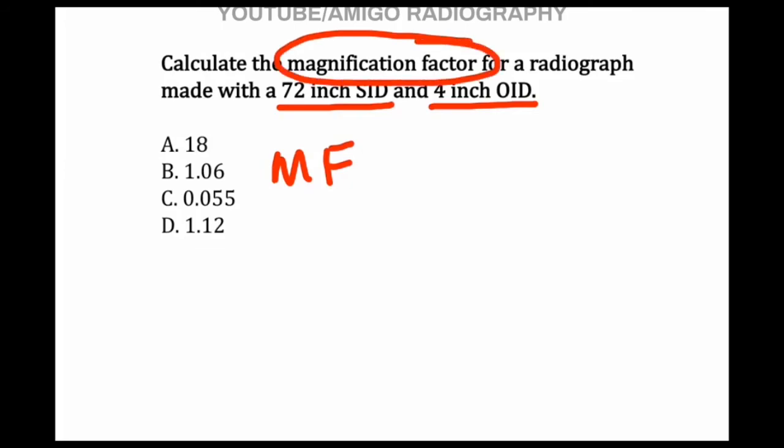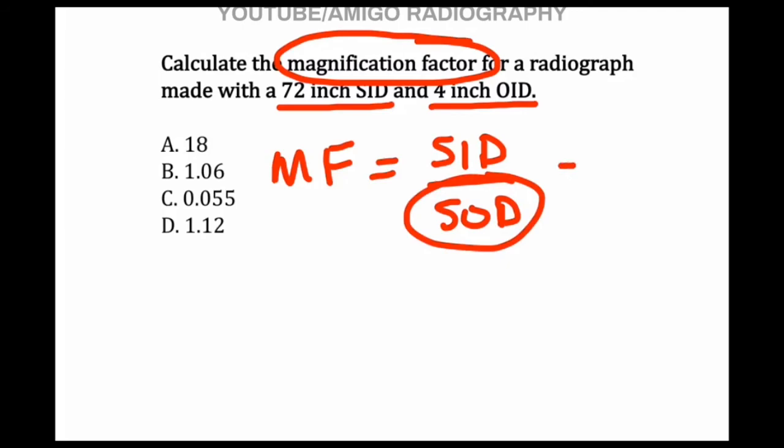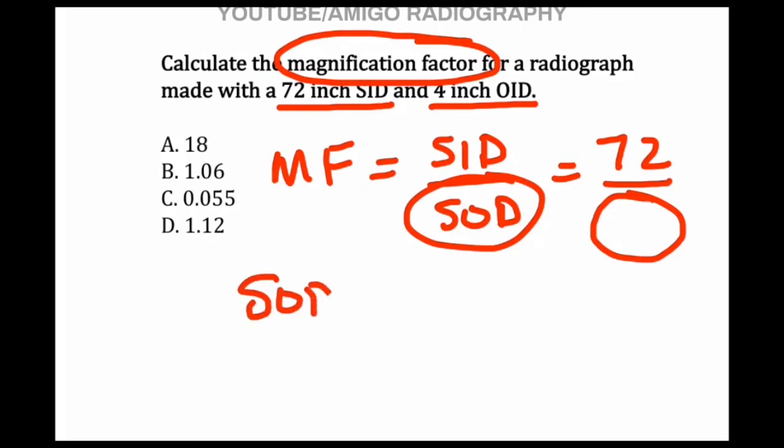The magnification factor is equal to the SID over the SOD. But we're not given the SOD. We're given the SID, which we know is 72 inches. We're not given the SOD, but that's okay because we're given enough information to calculate it. You may remember that the SOD is equal to the SID minus the OID.